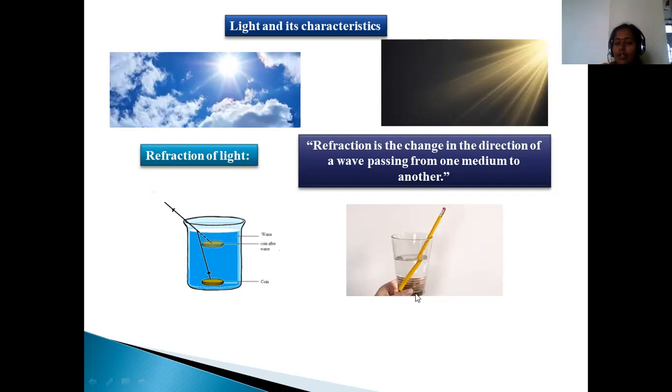Light passing from the outer gaseous medium to the inner liquid medium moves with a change in angle. This change in direction by a certain angle is known as refraction of light. Because of this refraction, a straight object is observed as bent, even though it is a straight line.